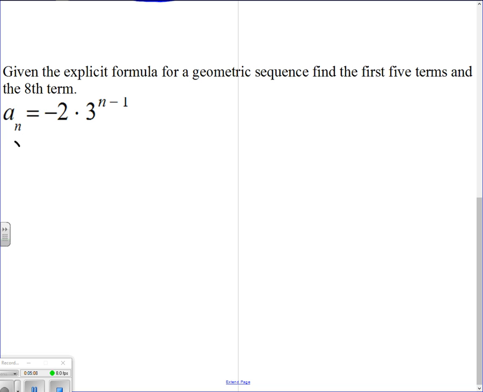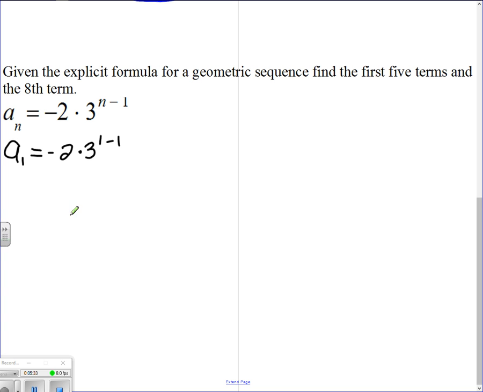What is the first term, A of 1? If we compare this to this, the only difference is the n and the 1, so that tells me that n is equal to 1. On this problem, nothing changes but the n, so you have negative 2 multiplied by 3, and n is 1 minus 1.